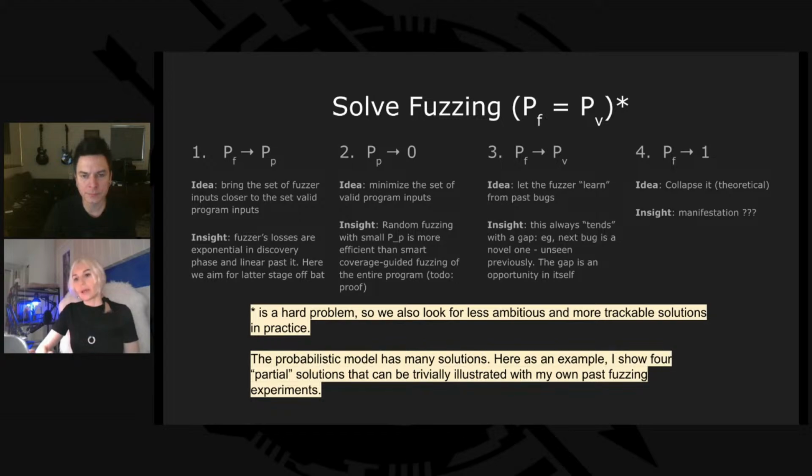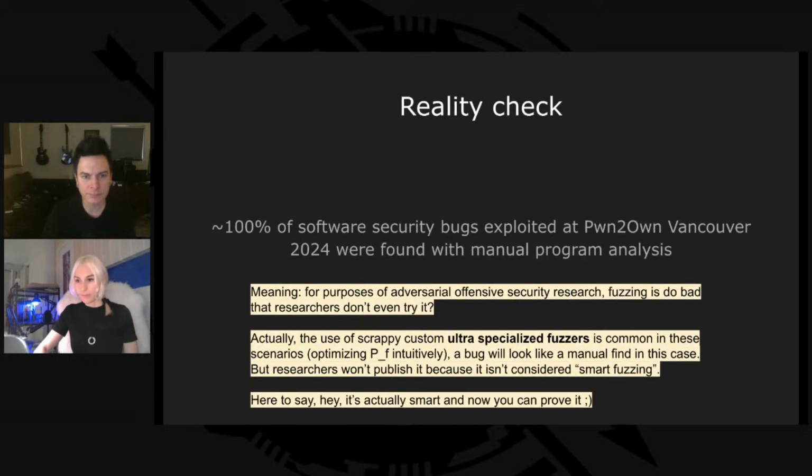And most of them I can actually illustrate with my own fuzzing experience. And by the way, all the bugs that were found and exploited at Pwn2Own Vancouver this year were found by manual analysis. This is a reality check.